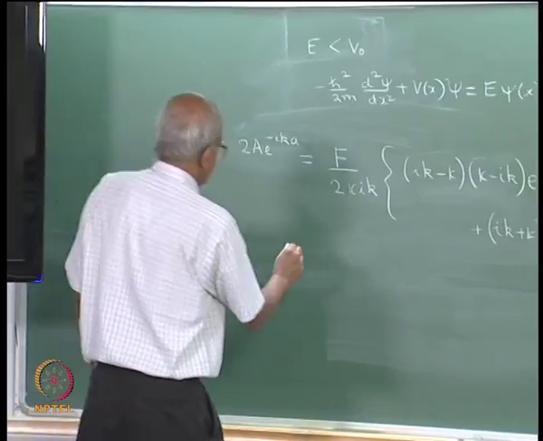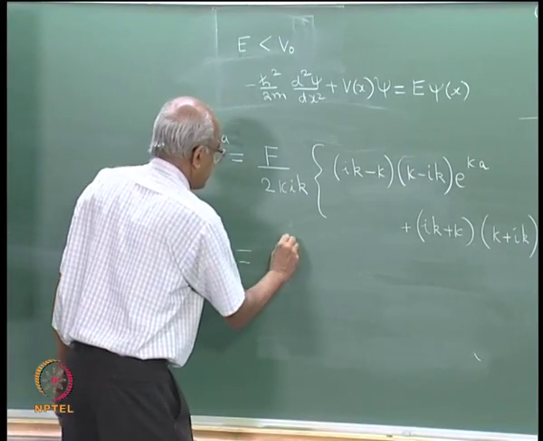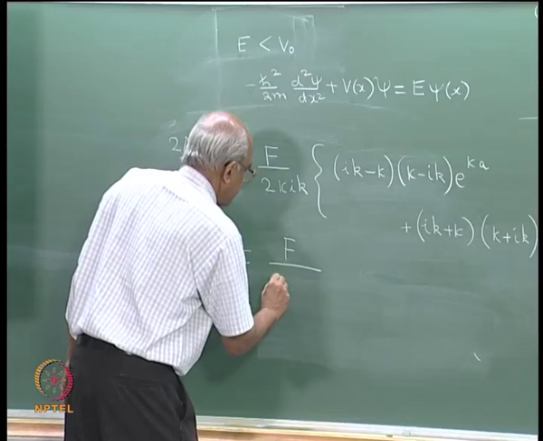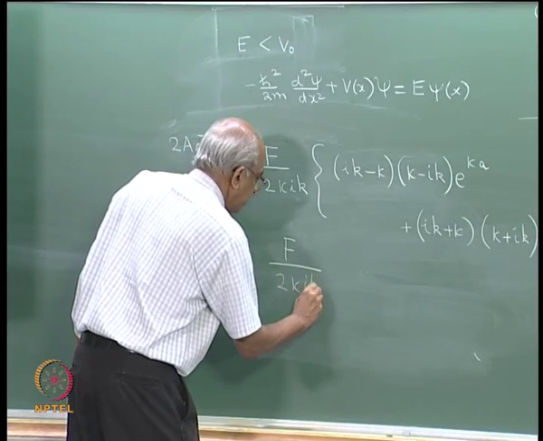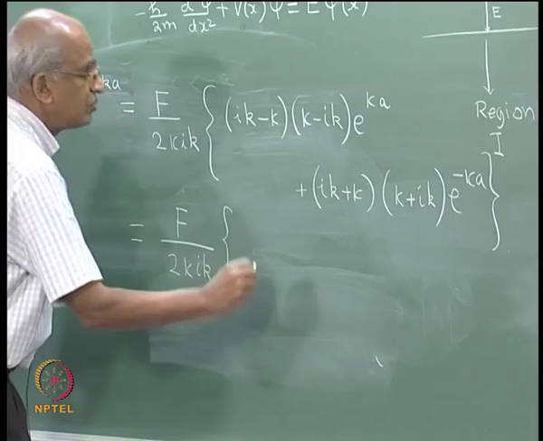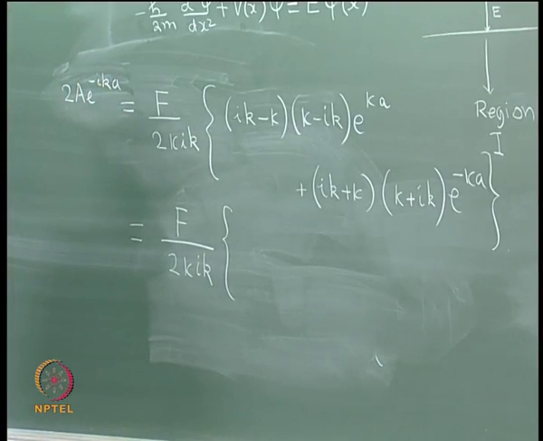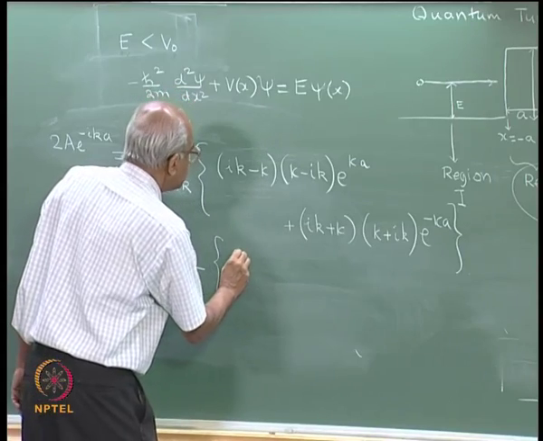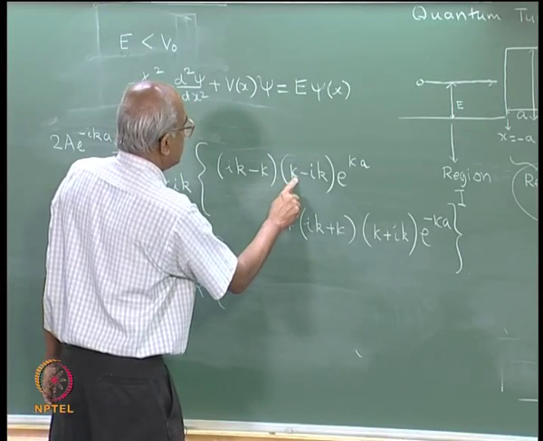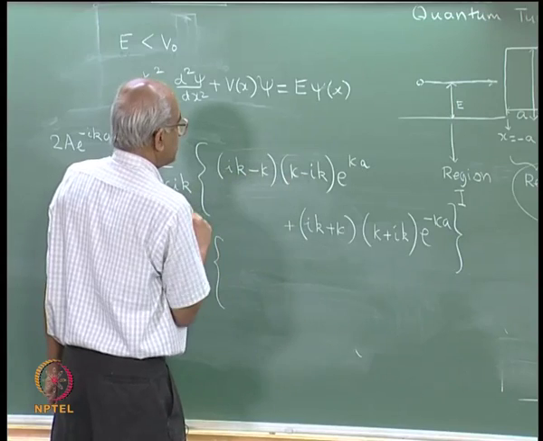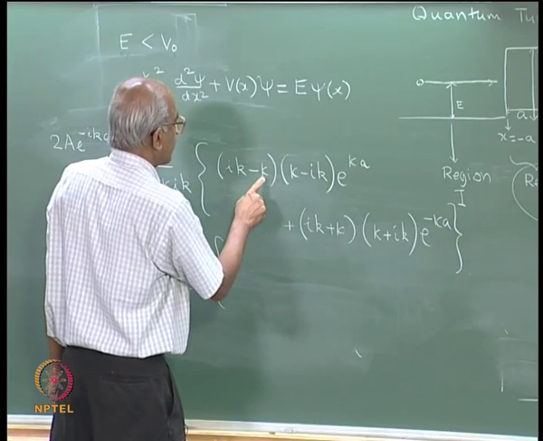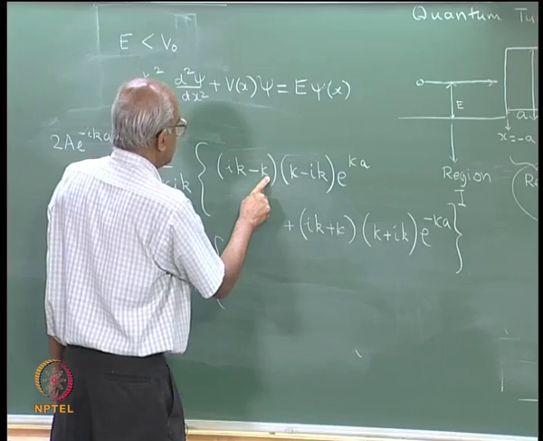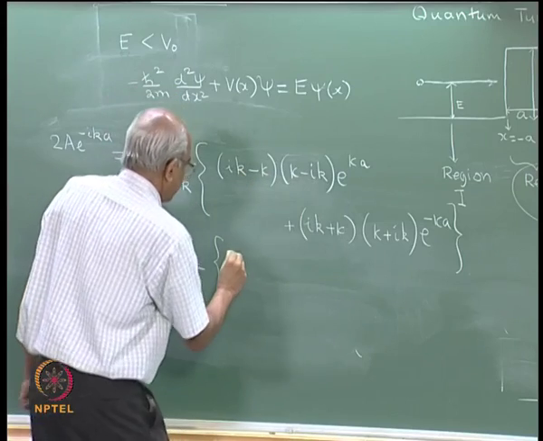And let me continue simplifying this. I will get f divided by 2 kappa ik into, well, you can expand this, or maybe I will write one more step.